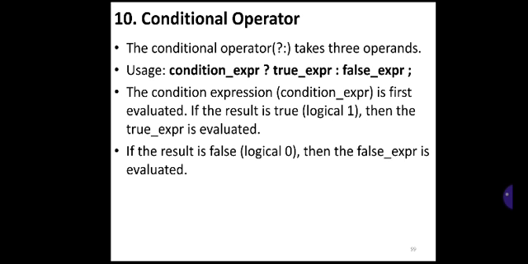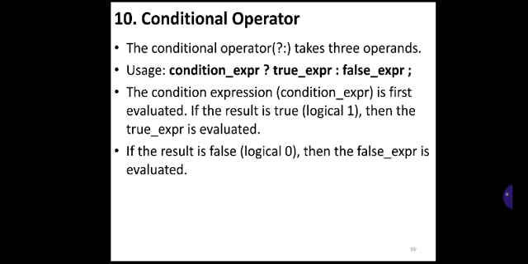When the condition is evaluated, it has 2 values, either true or false. If it is true, go to the true expression. If it is false, go to the false expression. The true and false expressions are separated by a colon. Then finally the termination sign. True value means the value 1, logical 1.